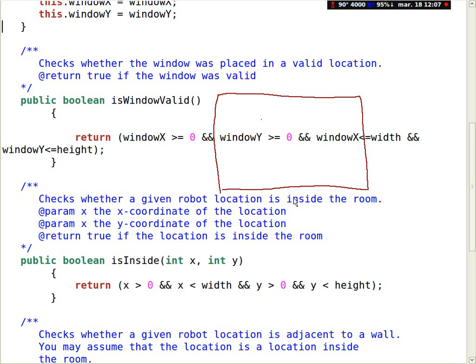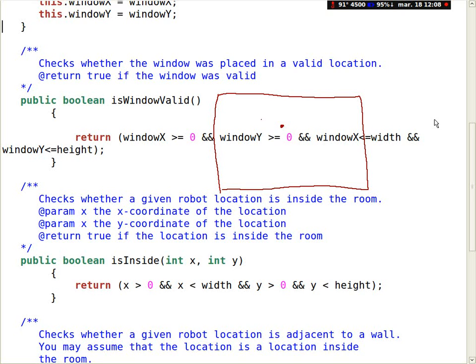So here's my room. Let's pick some window x and y coordinate. I'm going to put my window right in the middle of the room, right there where the stop is.